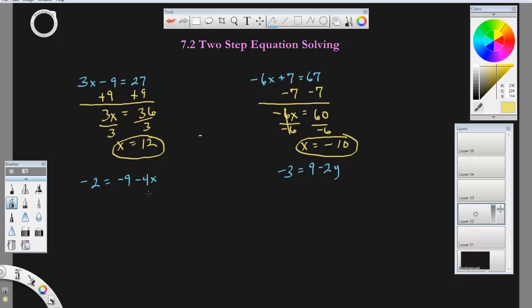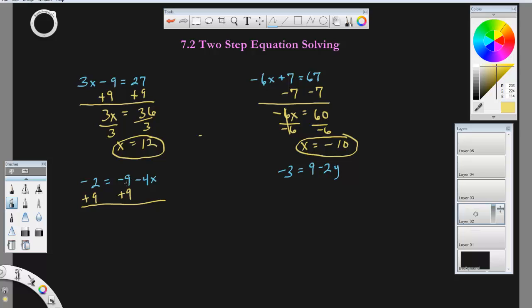And moving right along. These are different because the x is on the right side. Usually they're set up like this, but if they're like that, you should be able to figure that out. All right, so let me show you how very similar this is. Again, we're trying to isolate the x, get the x by itself, and this says minus 9 right there, so we have to add 9 to both sides.